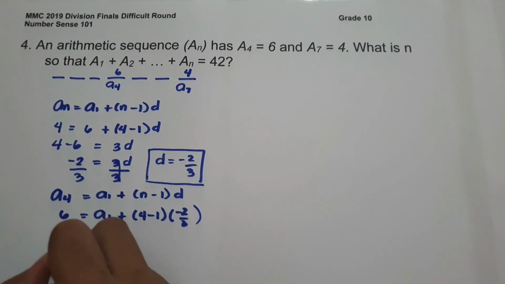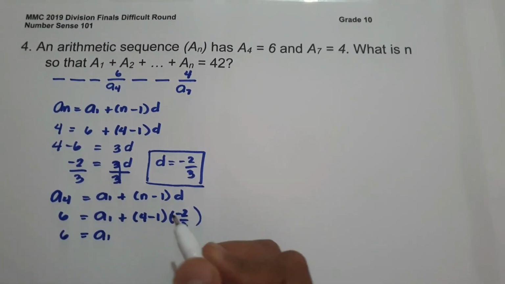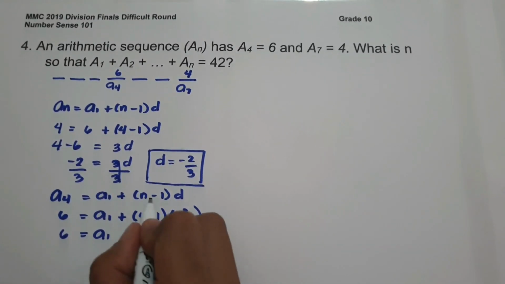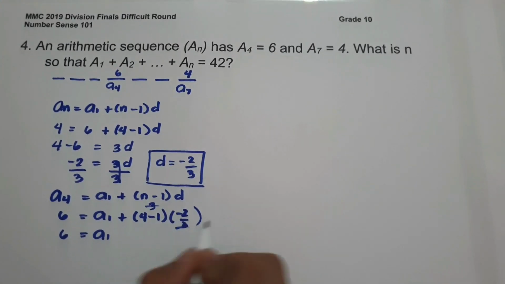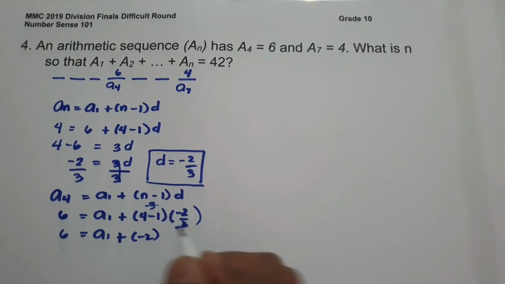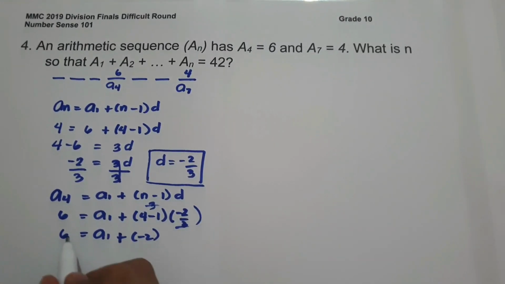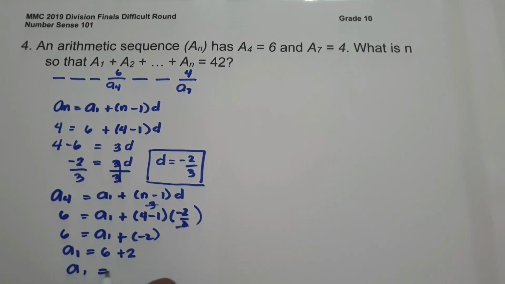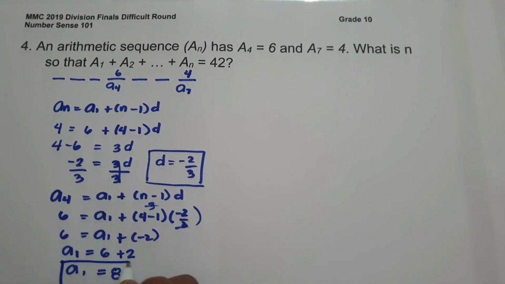So we have 6 equals a sub 1 plus 3 times negative 2 over 3, and let us cancel 3. So we are going to have negative 2. And let us move negative 2 to the side of 6. So a sub 1 equals 6 plus 2. So a sub 1 will be 8. So this will be the value of a sub 1.